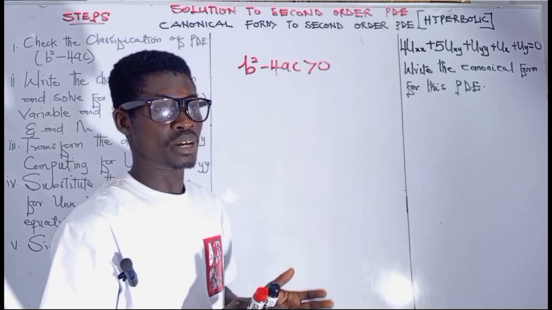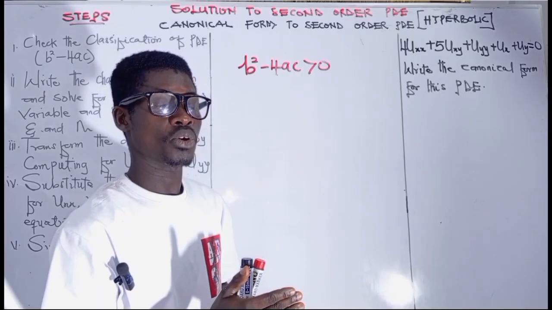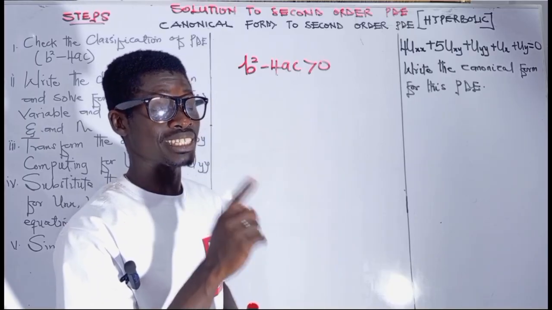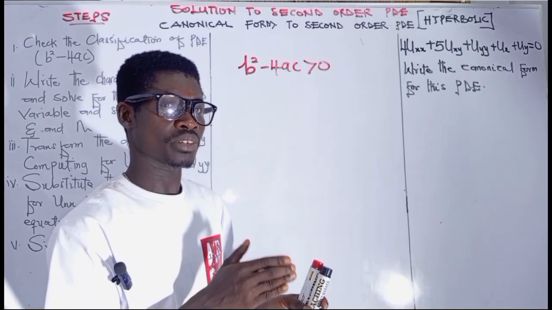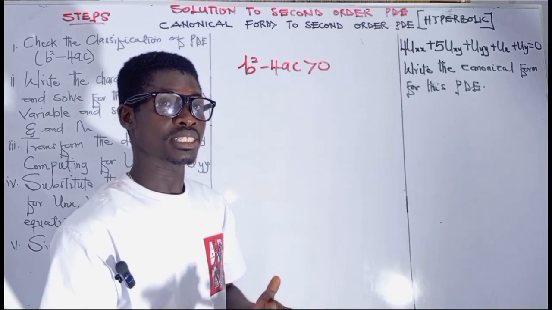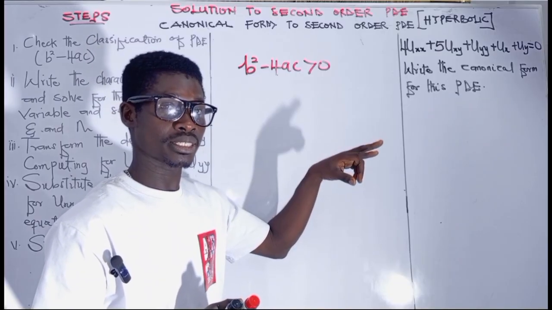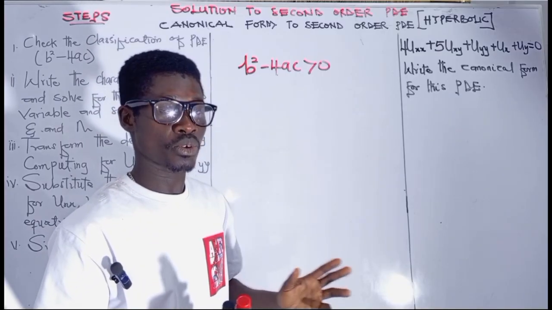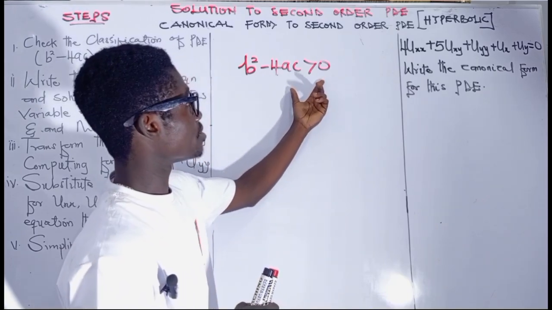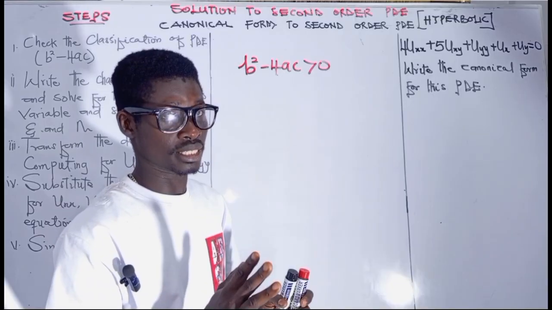Basically, when you have a quadratic equation and you solve for the discriminant and get it greater than 0, you are going to get two real and different roots. And since our discriminant is going to be greater than 0 for the hyperbolic equation, we are going to have two real and distinct roots.